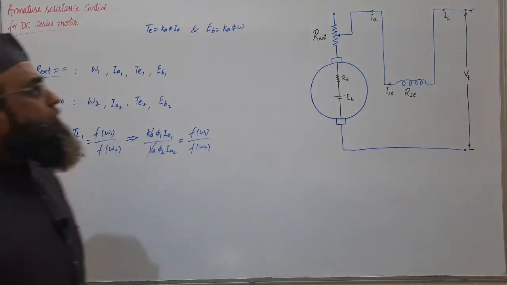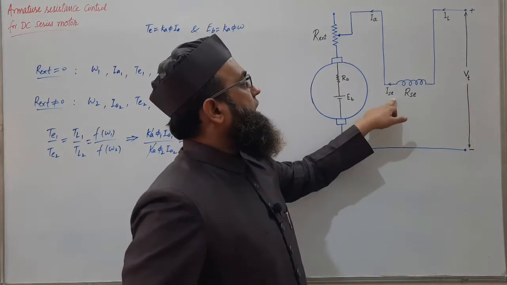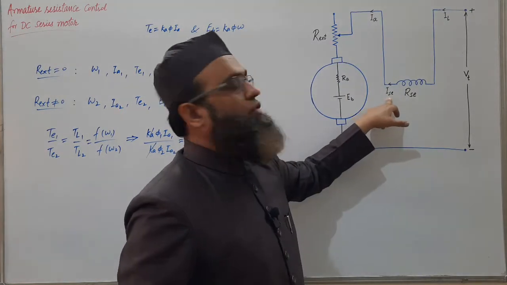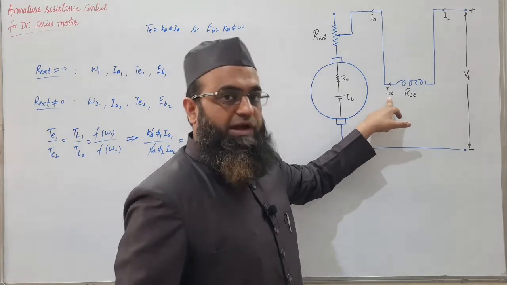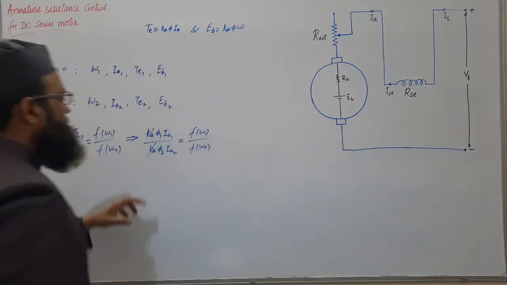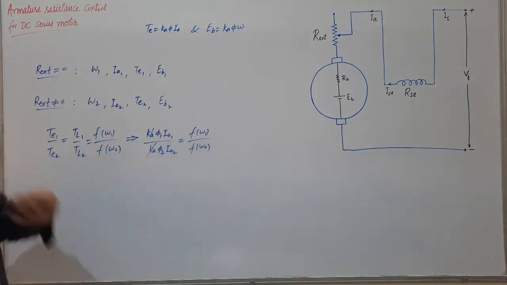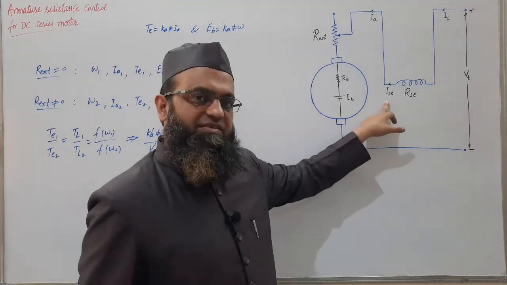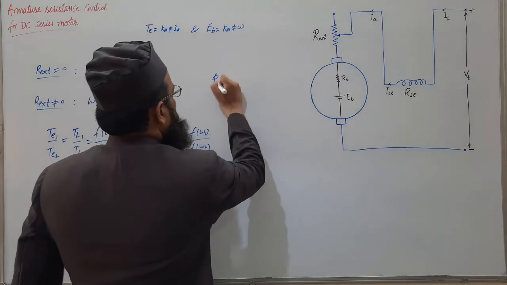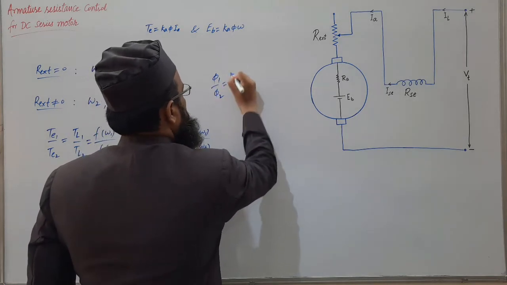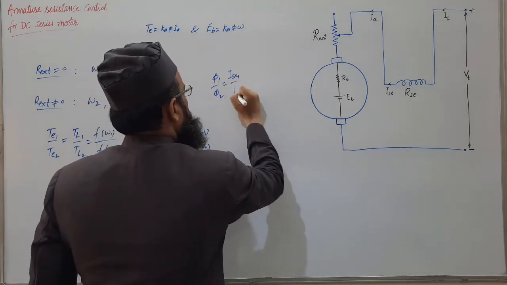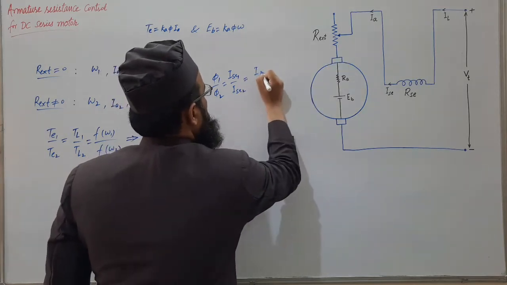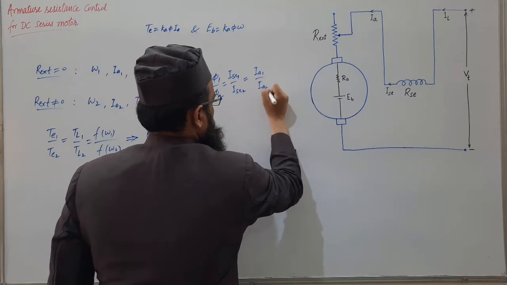Again, we know that field current and armature current are the same and field flux is proportional to field current. So the ratio phi 1 by phi 2 will be the same as ISE1 by ISE2, or you may write phi 1 by phi 2 is equal to ISE1 by ISE2, which will be equal to Ia1 by Ia2.